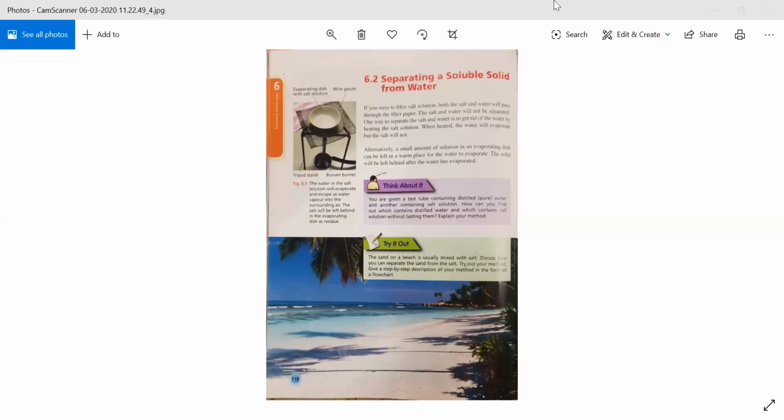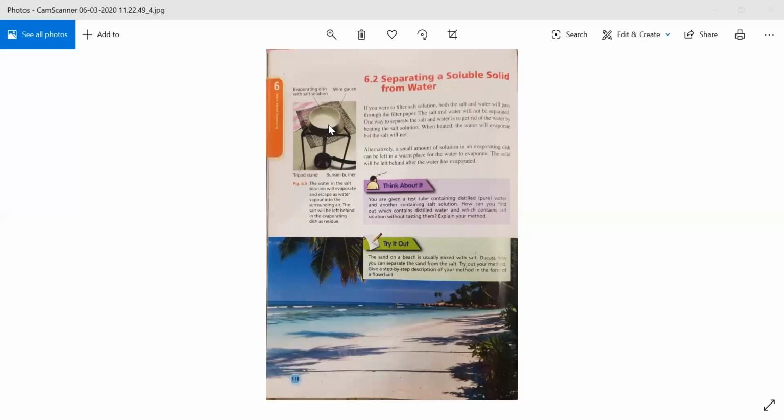For example, you can see in figure 6.5 that there's a tripod stand along with a Bunsen burner, and on the wire gauze they have kept an evaporating dish with salt solution.